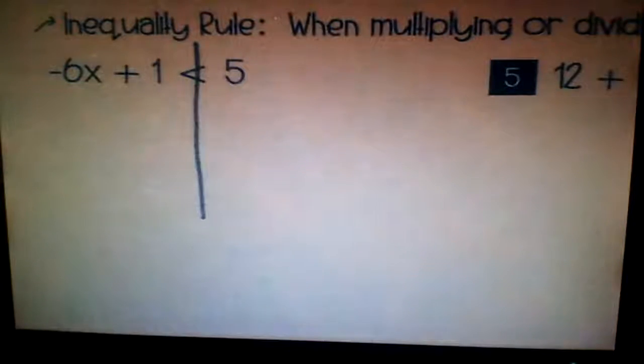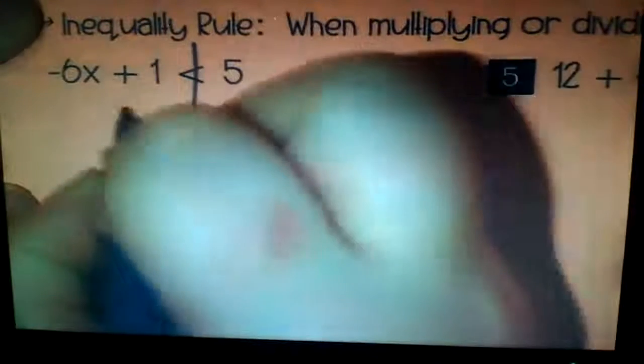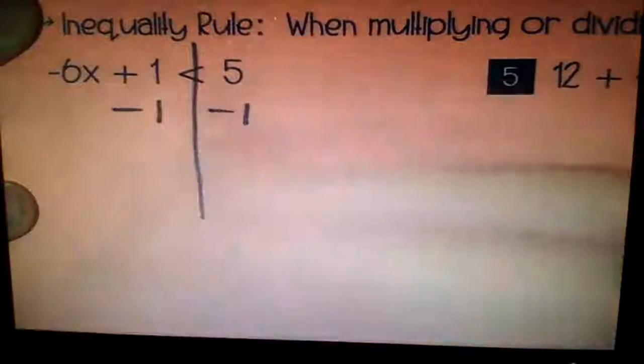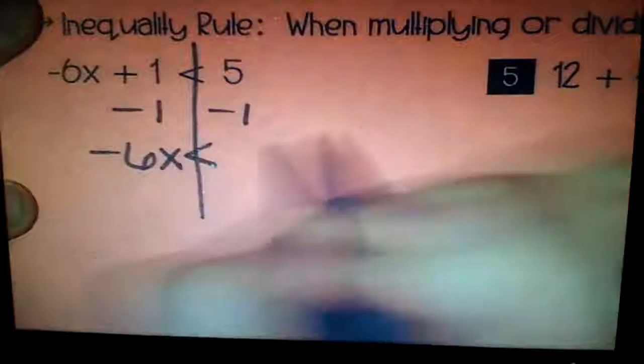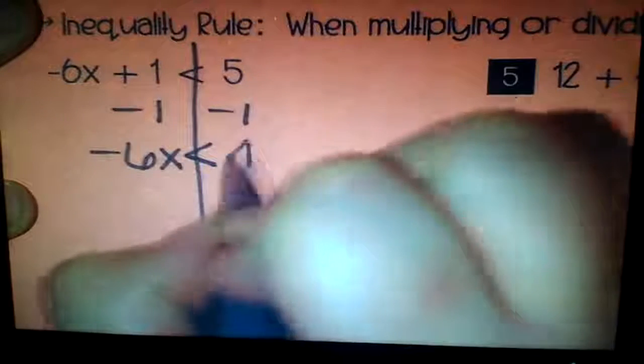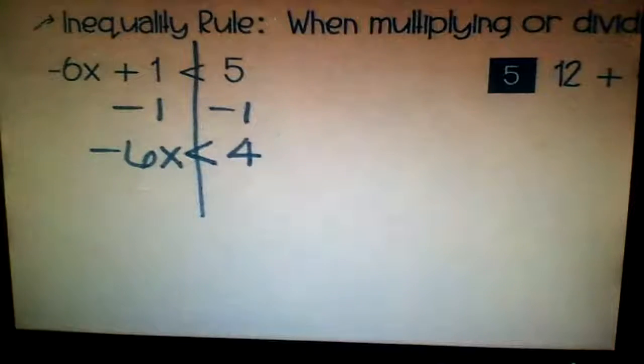What's the first thing I should do here then? Subtract 1. Get rid of what doesn't have an x. So we get negative 6x is less than 4. I didn't multiply or divide, so I don't have to move my sign. It still stays as less than.